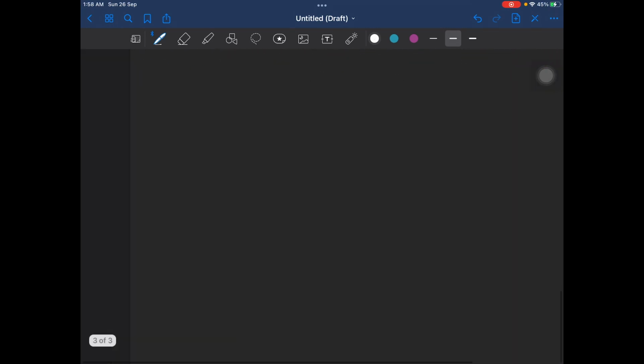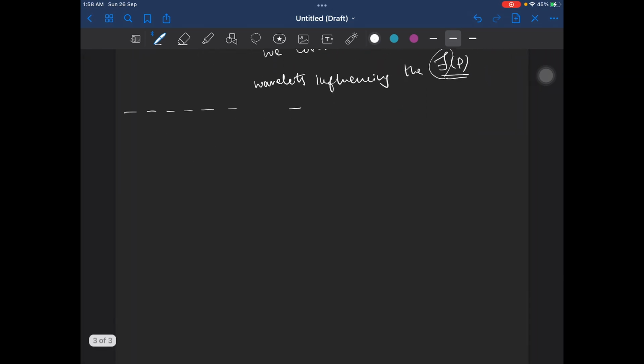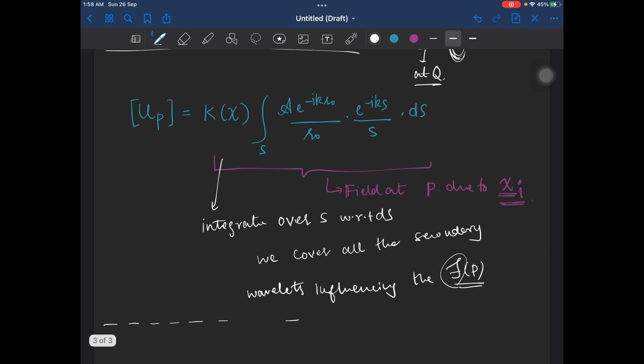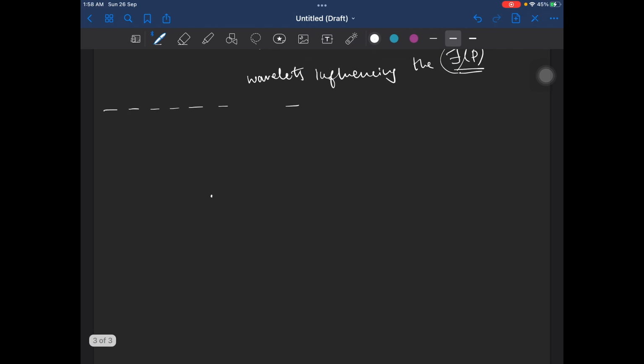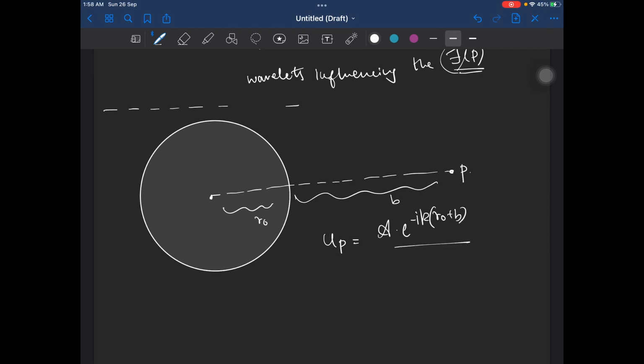Okay, now what should we see now? That is it. That is the field. But you see, the original light source in that spherical wave also has some characteristics, and it also gives a field at P. The field at P is simply A times e to the power minus ik, let's say this is b, R0 plus b.